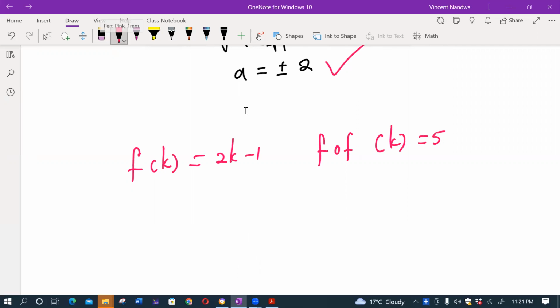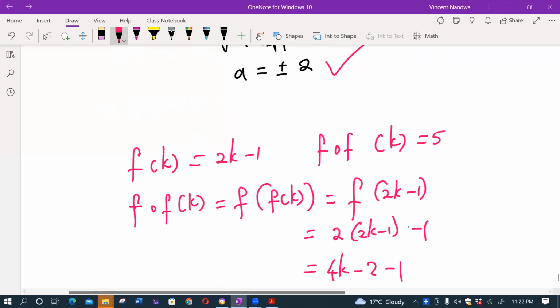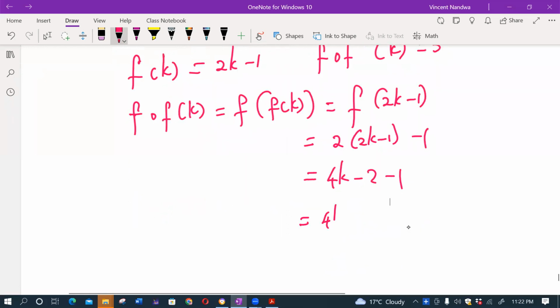So here we have f composed with f, which is the same as f of f of k, which is f of 2k minus 1, which will be 2 into 2k minus 1, which is 4k minus 2 minus 1. And this gives us 4k minus 3.